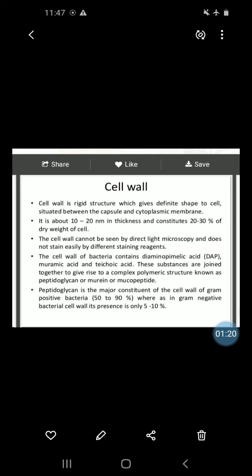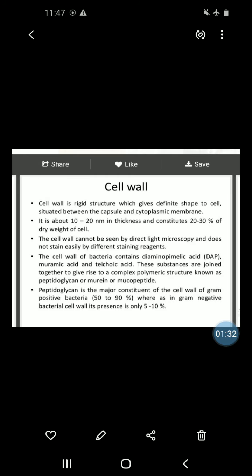The cell wall cannot be seen by direct light microscopy, and it does not stain easily with different staining reagents. The cell wall of bacteria contains diaminopimelic acid, that is DAP, and muramic acid and teichoic acid.